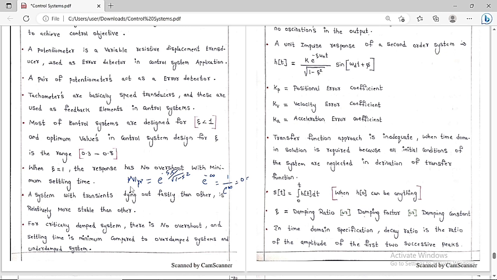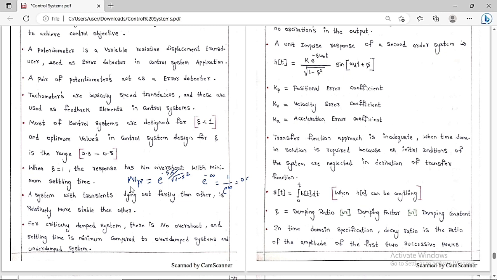I already told you, in the case of a control system, in the pole-zero plot, if the poles lie very far away from the origin, then their transients are going to die very fast, and we get a more stable system. But if the poles are very close to the origin, then the transients will take a lot of time to die out, or we can say these are less stable.